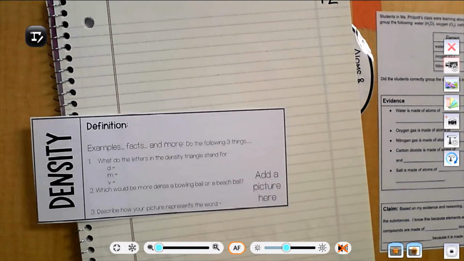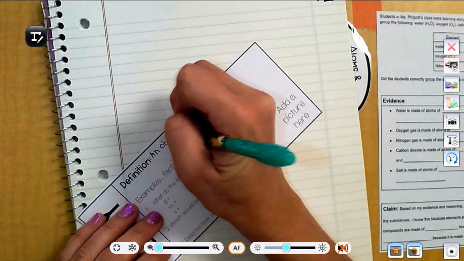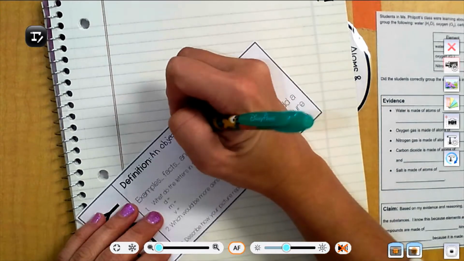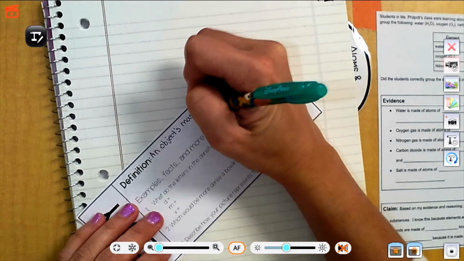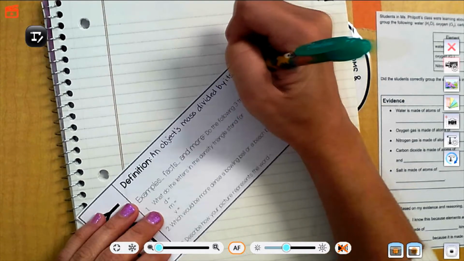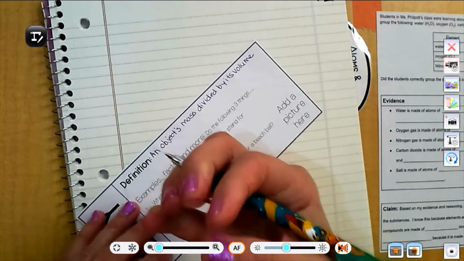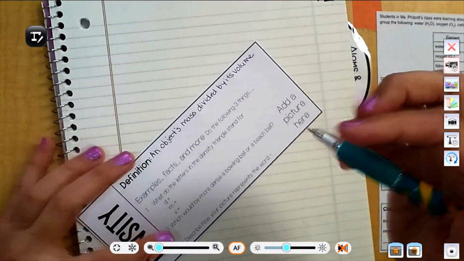So my definition for the word density, if you looked in my super amazing, one-of-a-kind science dictionary, says that density is an object, so that's just a thing, mass divided by its volume. So that's just how much is in it divided by how big it is, or how much it can hold.